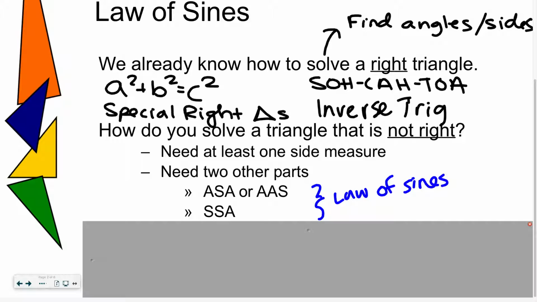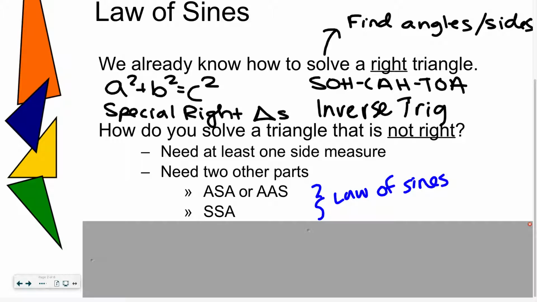However, all I'm saying is I know a side, and I know an angle that's not in between the two sides. Can you have your one side measure and then your two other measures with that? Yep. It has nothing to do with congruence. It's only about what I actually know, just a description of what things I know.